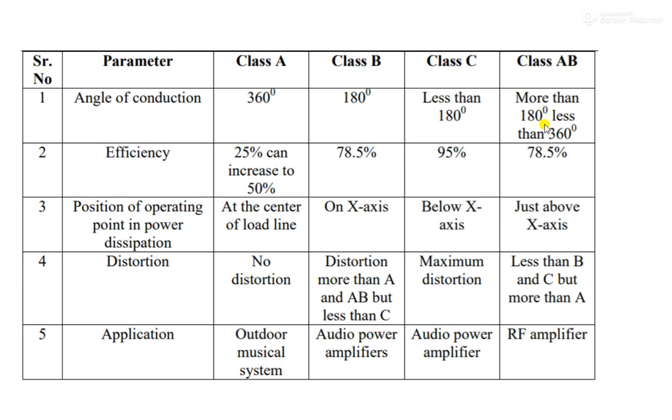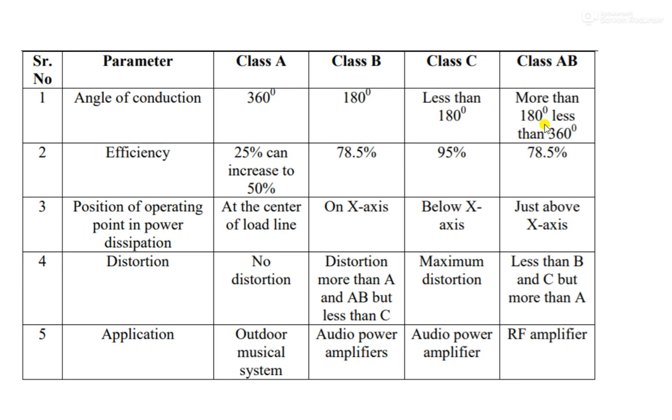Class A efficiency is 25% and can be increased up to 50%. For a class B amplifier, the efficiency is 78.5%, which is of course more than class A.